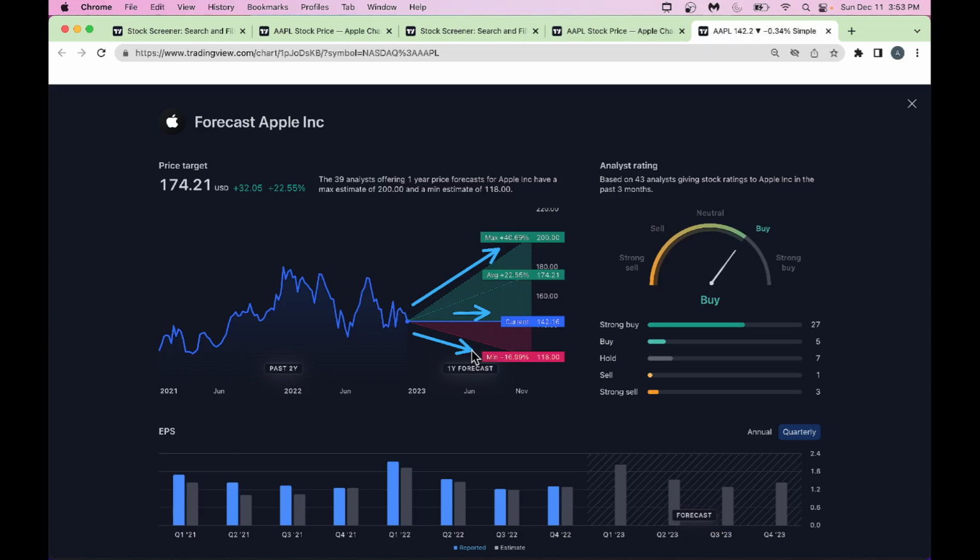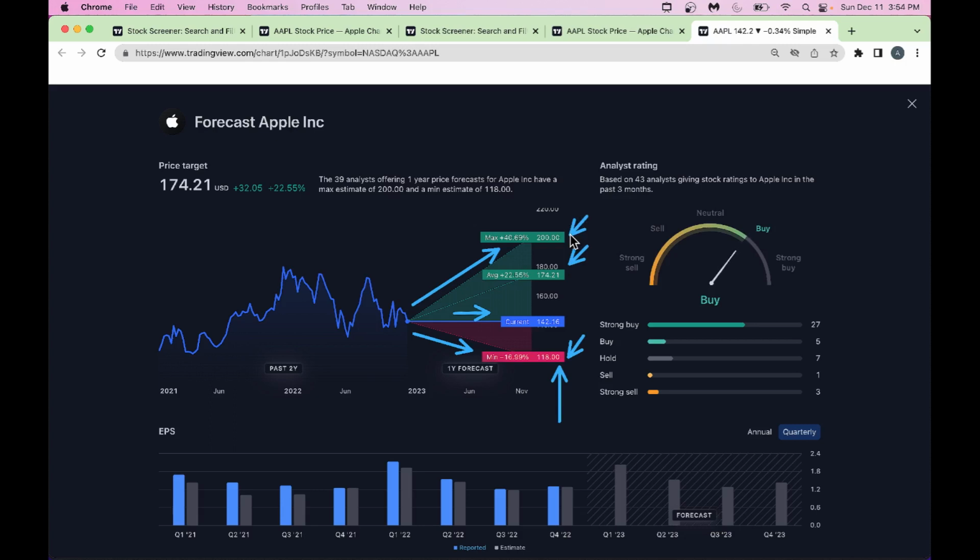For example, if you're a put option seller, you could look at this level right here, 118. You could sell some put options here, given that analysts are projecting the lowest level for Apple at around 118. This can be used as a support level, and the top can be used as a resistance level, so that we can devise a lot of strategies.